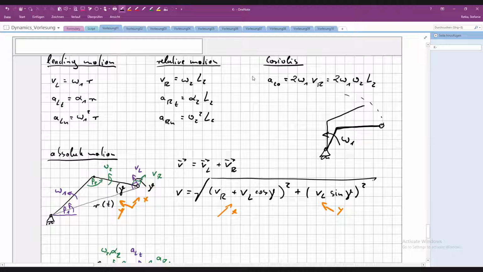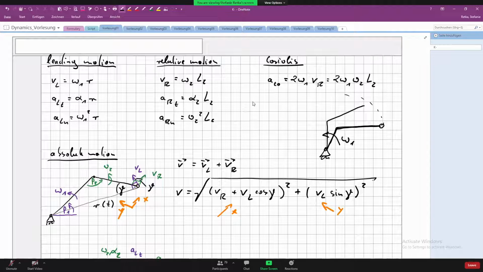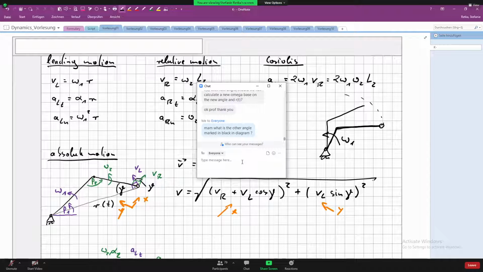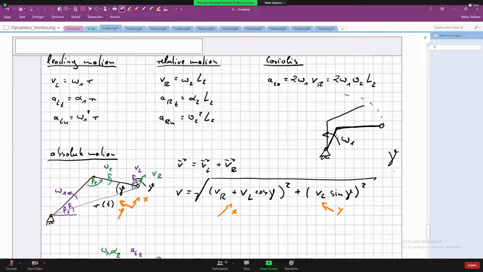And that's it. Since we do not have any variables given, we have to leave it like this. The angle is called gamma. This one, yeah, gamma.